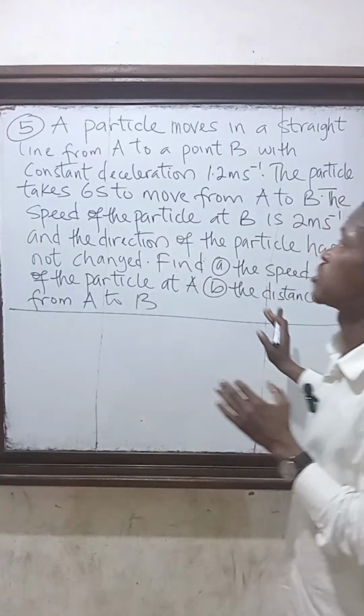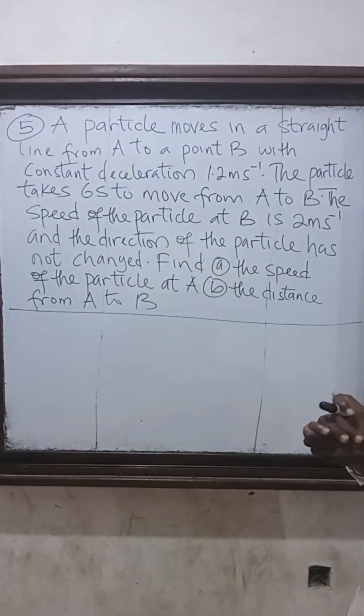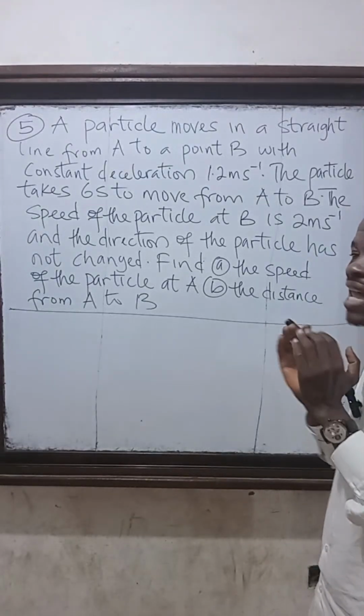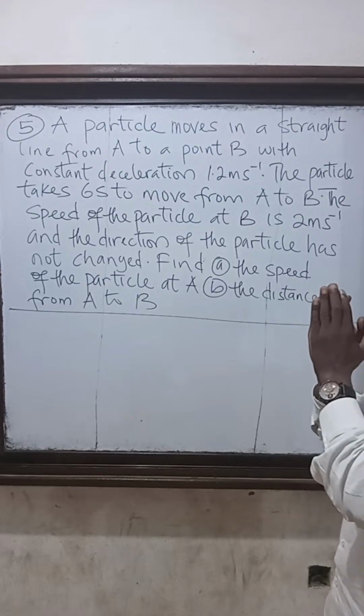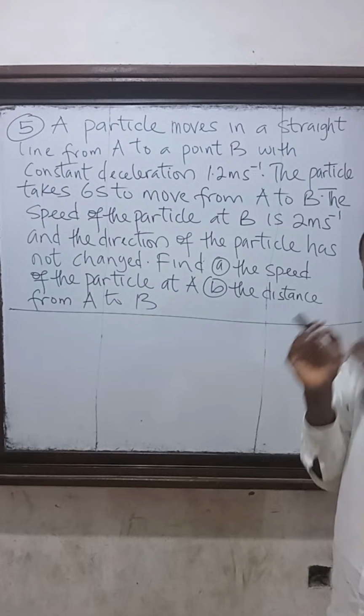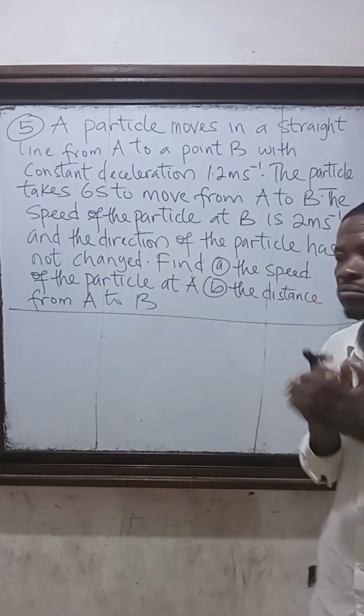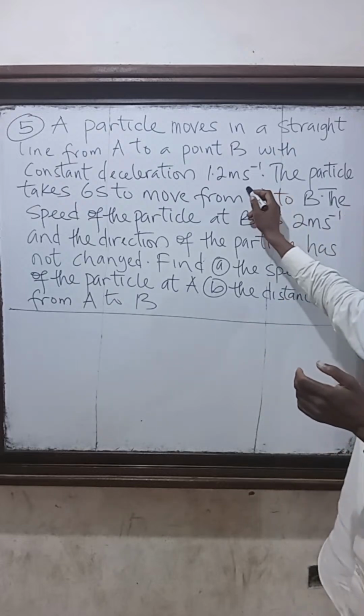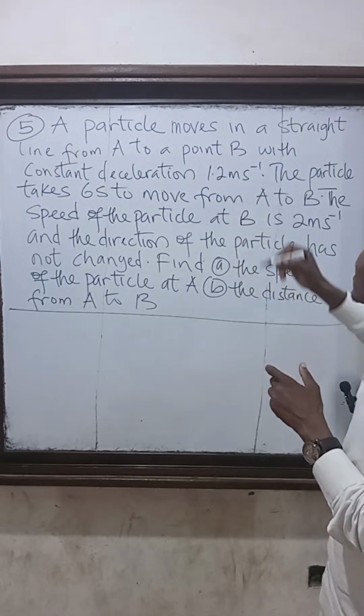Okay, we have this question. A particle moves in a straight line from A to point B with a constant deceleration of 1.2 meter per second squared.